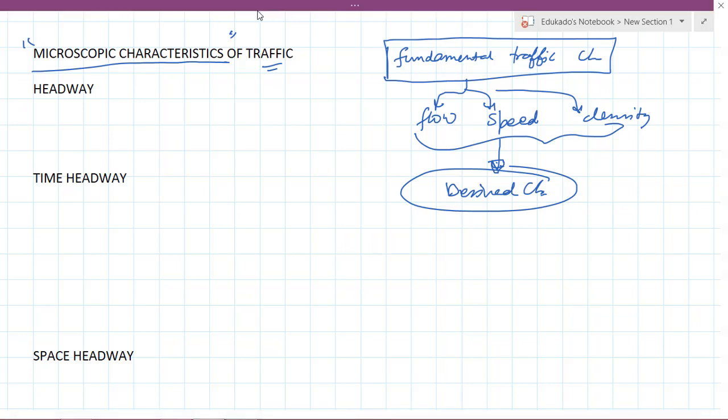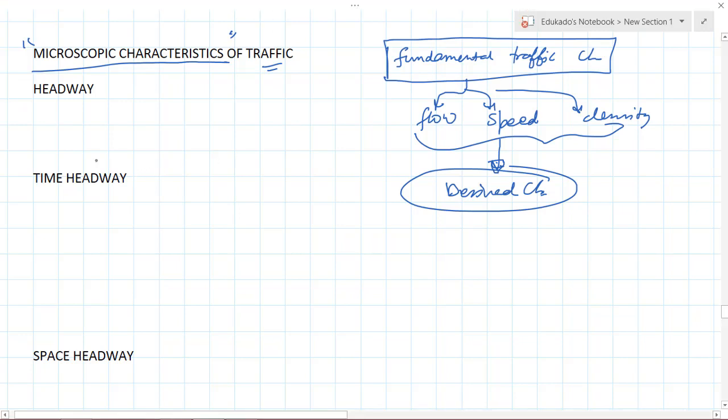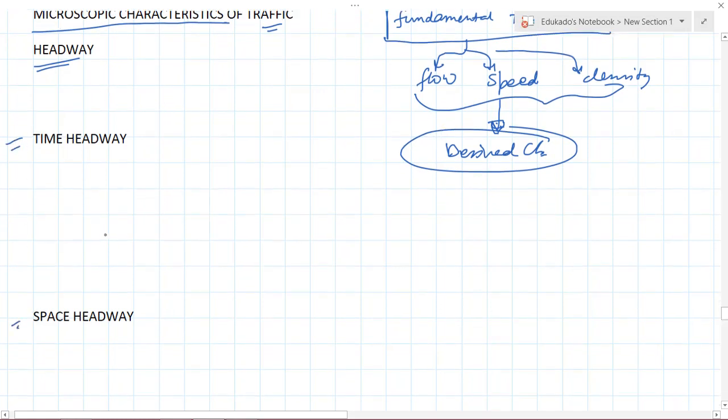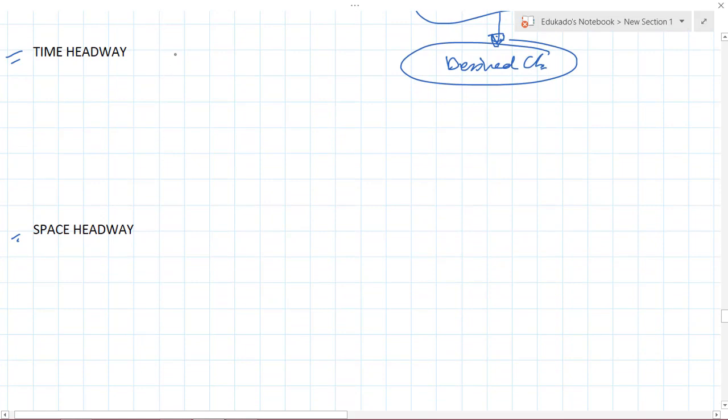The first concept that comes is the headway. Headway is like the distance between two vehicles moving. It is subdivided into the time headway and the space headway. Let's understand the time headway. For example, there is a road and there are two vehicles.